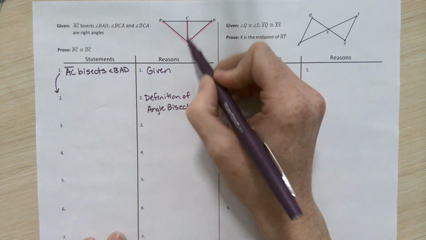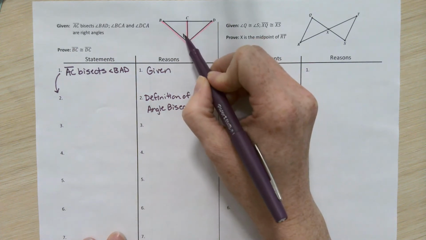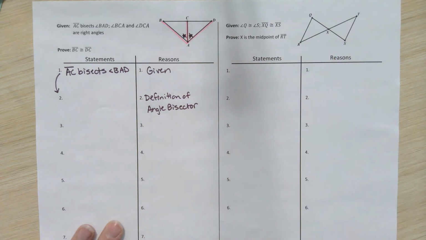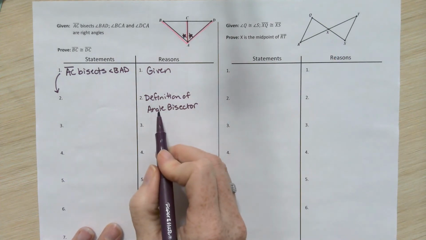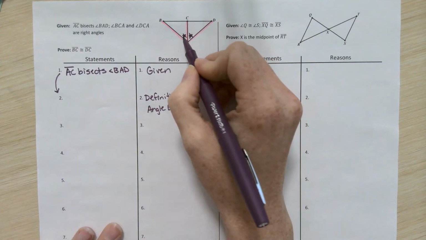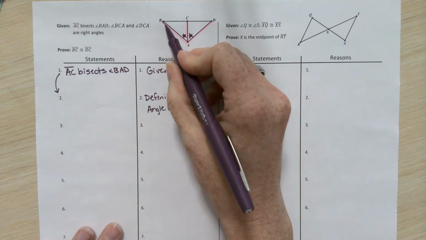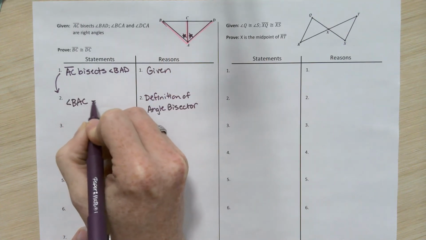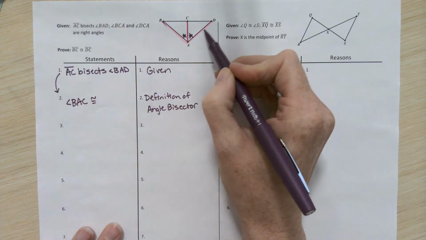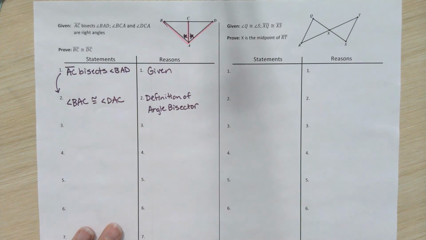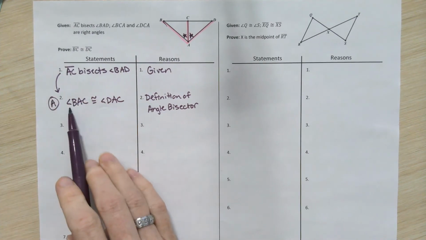And because I'm bisecting an angle, it should be a set of angles that I'm able to show are congruent thanks to that definition. Again, a single letter isn't going to work to name those because there are too many angle A's. So I'm going to call the one on the left angle BAC, and that's going to be congruent to angle DAC on the right. That can get an A now because it's a set of congruent angles.